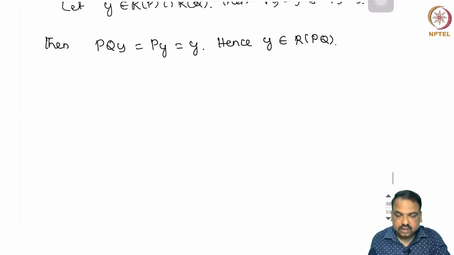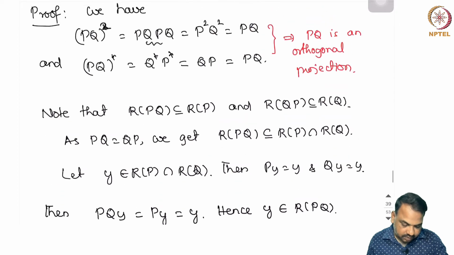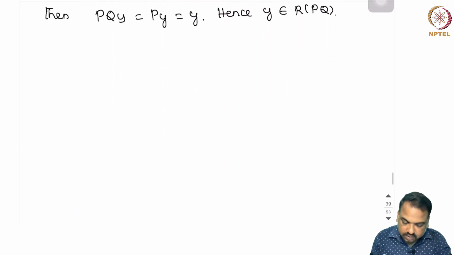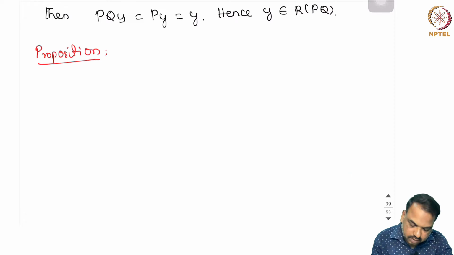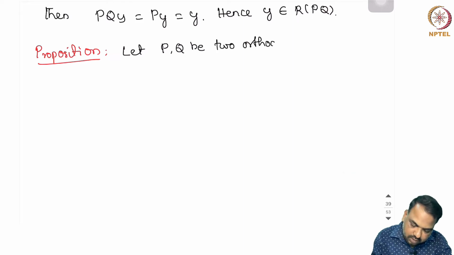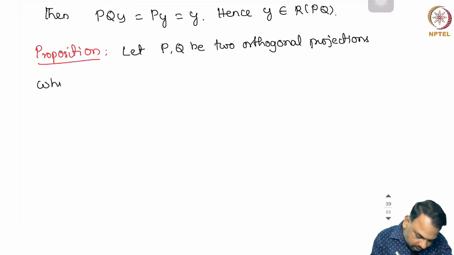Okay, so let us look at some more interesting properties of mutually orthogonal projections. So let us look at one more result. Let P, Q be two orthogonal projections which are mutually orthogonal.